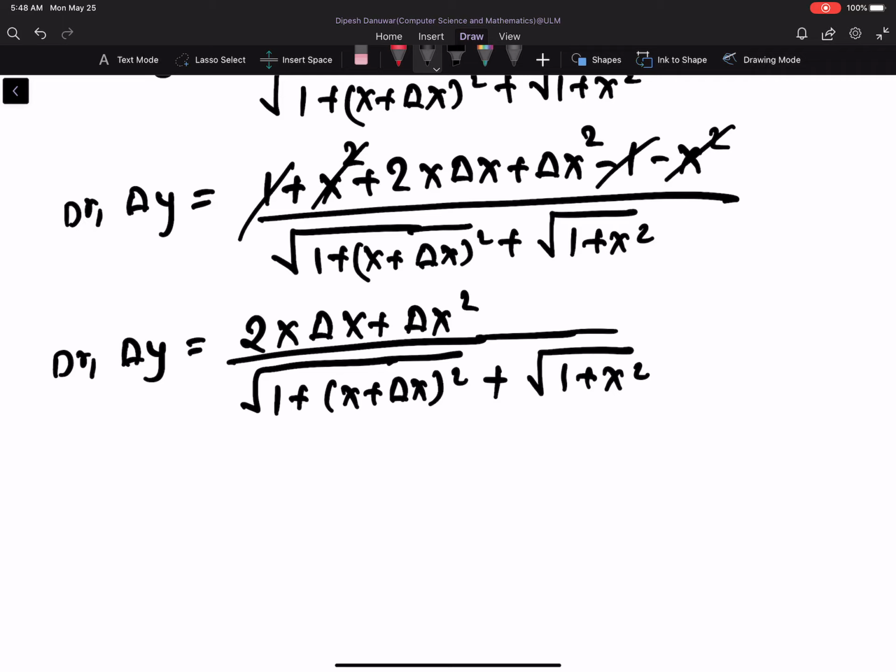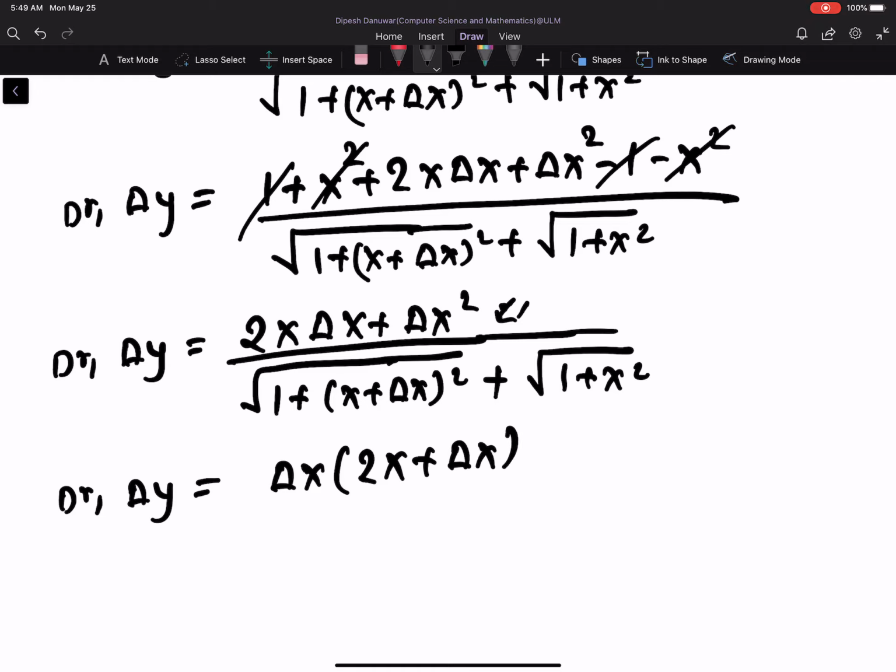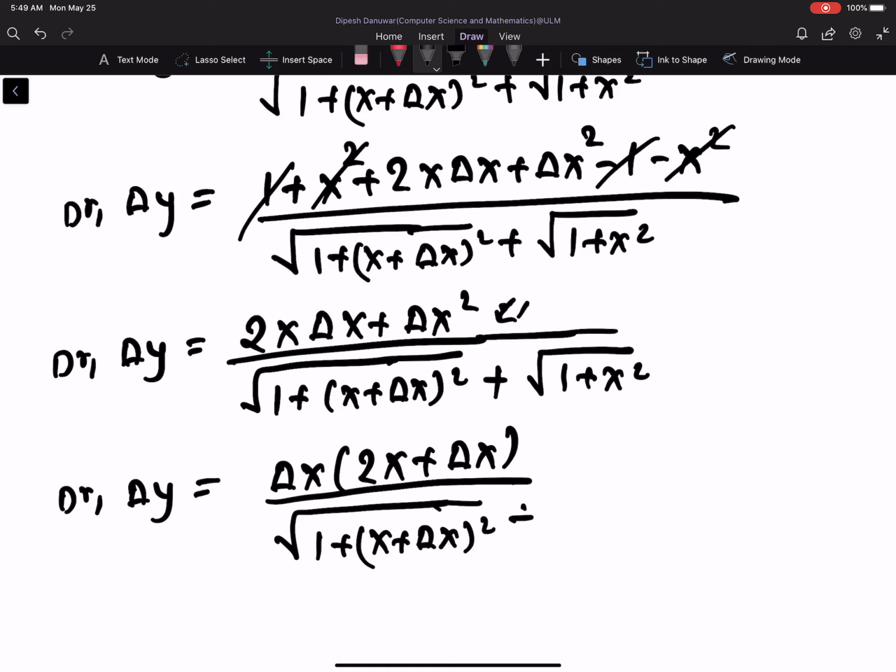So now take common. Look at the top, here you see delta y, so take delta x as your common: delta x (2x plus delta x) by root under 1 plus (x plus delta x) whole square plus root under 1 plus x square.